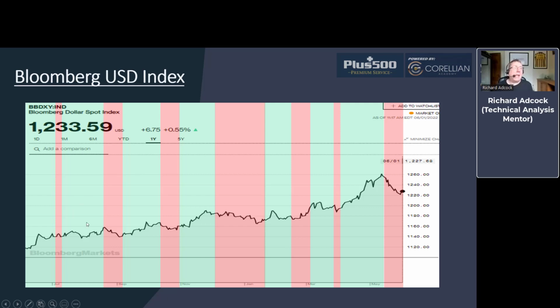The green areas are where scores are rising, the moving averages are rising, and the red area is when they're declining. You can see the most recent activity has seen a declining backdrop and the risk of underperformance developing within the US dollar in relative terms against the rest of G10.